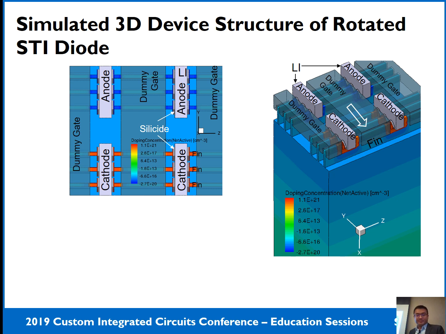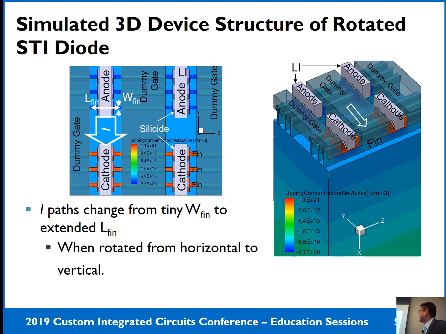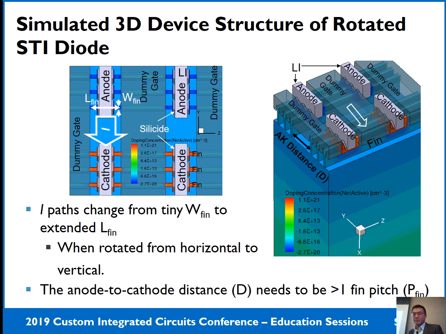When the diode orientation rotates, the current path changes from this tiny fin width to this extended fin length. So you will benefit in ESD performance enhancement.